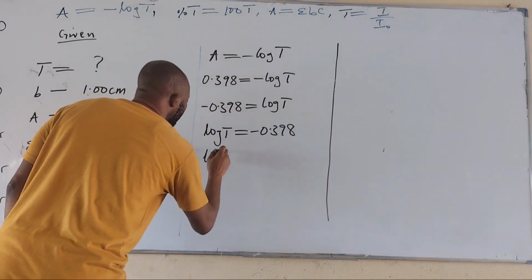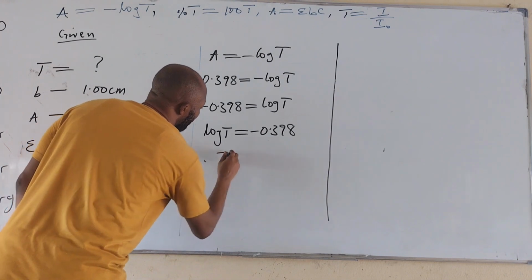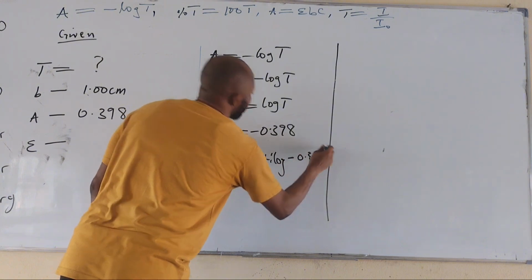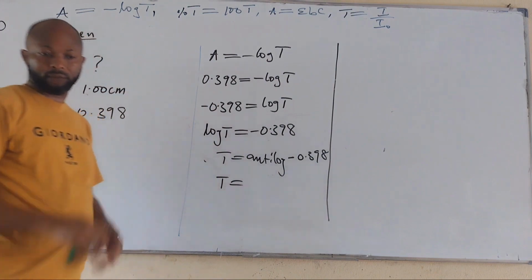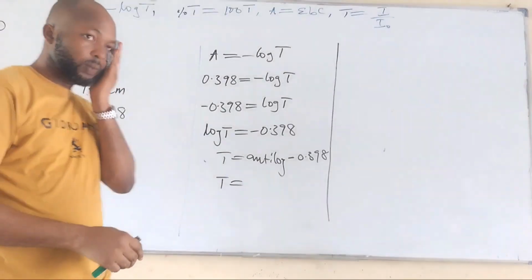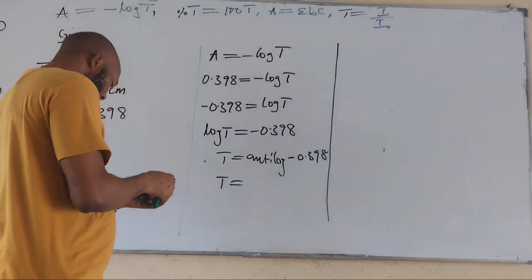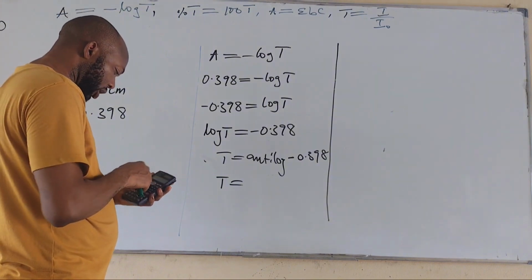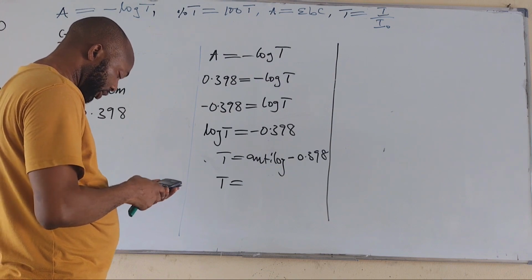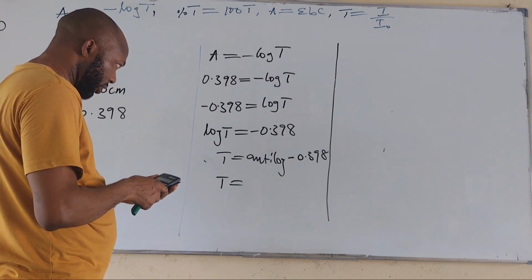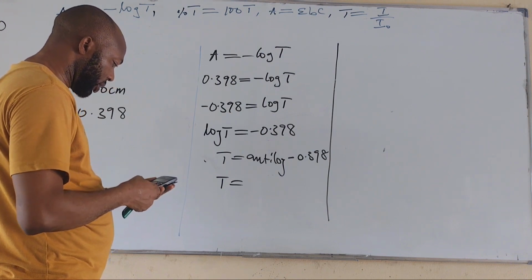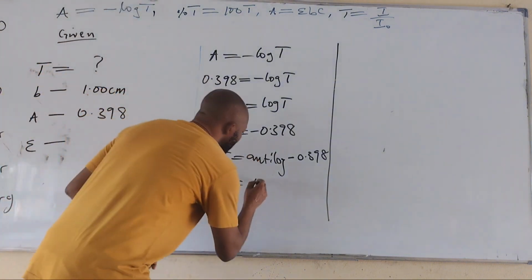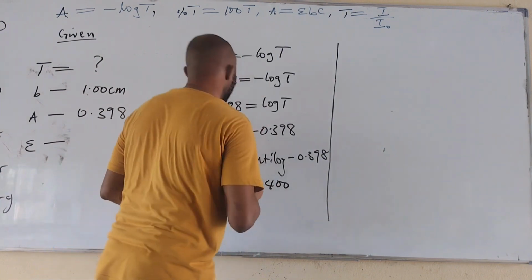Then my T will be the antilog of minus 0.398, which is approximately 0.400. This is our transmittance.